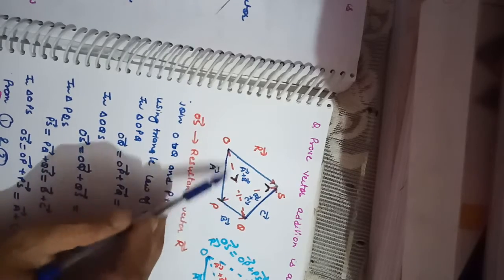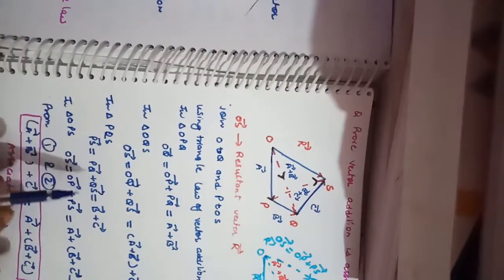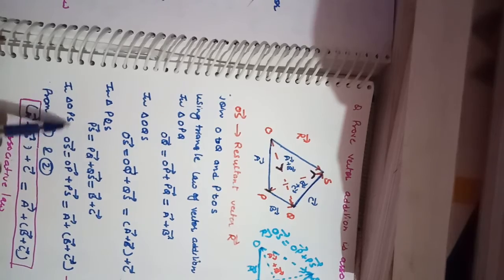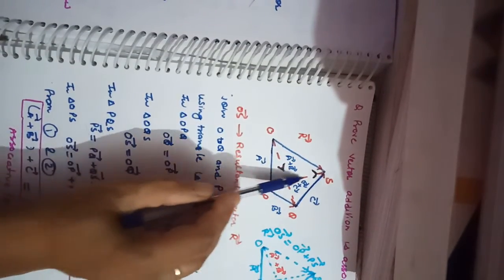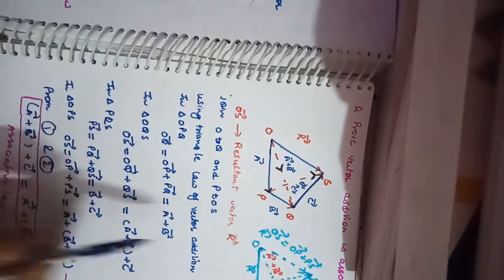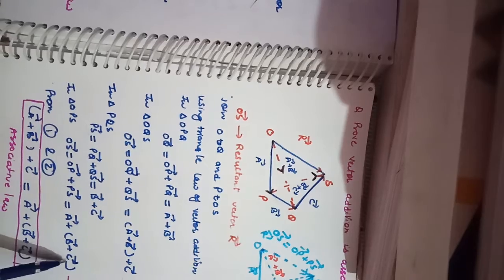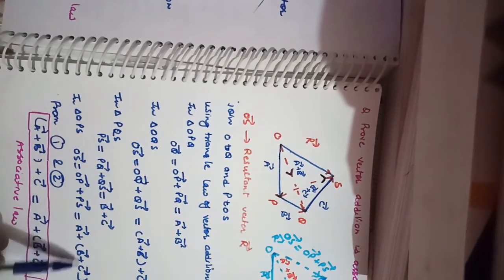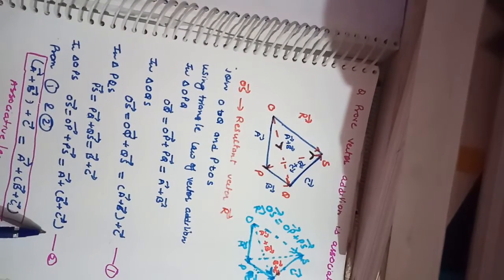So the resultant of these two vectors again is OS vector. So see, again I have written in triangle OPS, OS vector is equal to OP vector plus PS vector. What is OP vector? A vector. And what is PS vector? B plus C vector. So again you have got the value of OS, A vector plus B plus C vector. This is equation number 2 I have written.